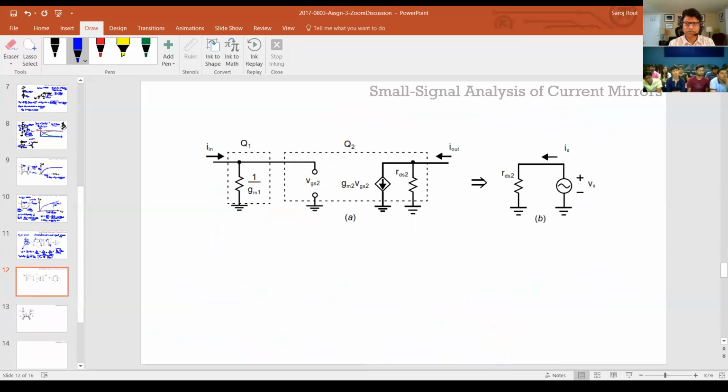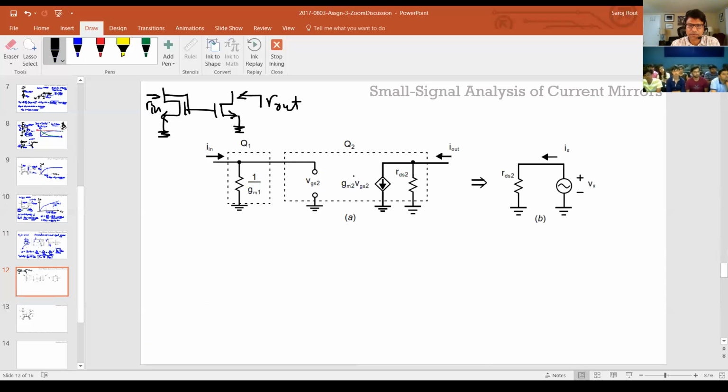Now, if you look at the output side, you have two sides to the current mirror. This is to ground. So we just looked at this here. We called it R in. Now we want to look at this output, and that will be our R out.